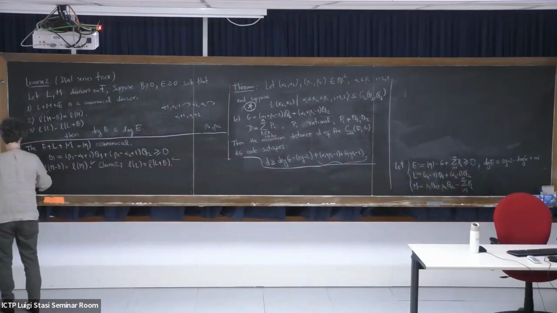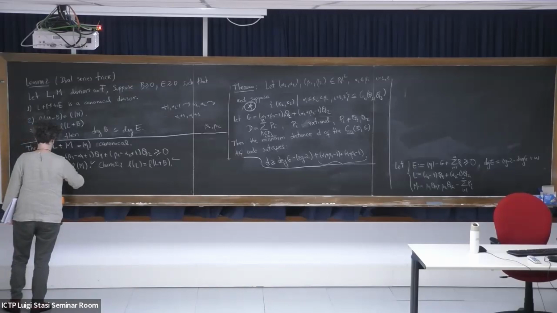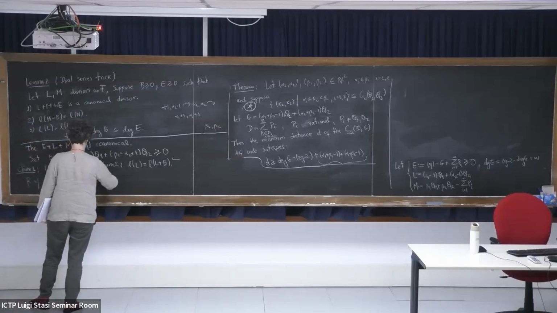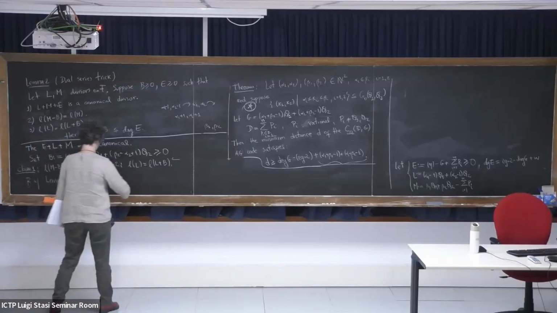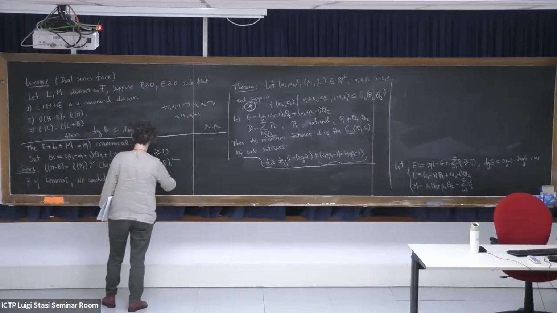So by lemma 2, we conclude that the degree of B is smaller than the degree of I.